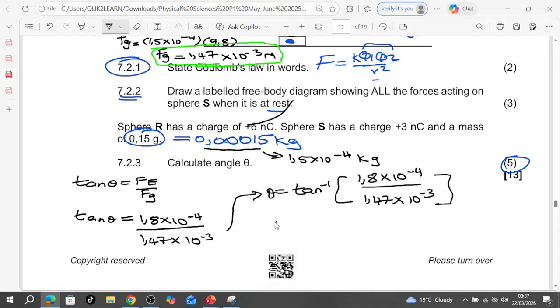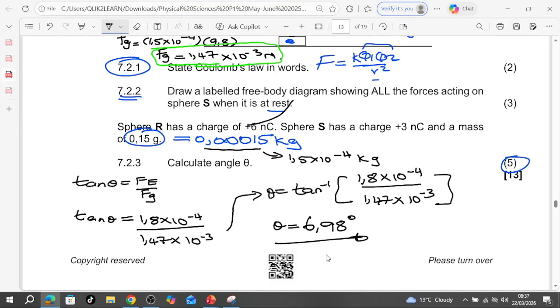Right, so when it's like this, what is angle theta equal to? Let me quickly put this on my calculator and see what I get. Inverse tan of 1.8 times 10 to the power negative 4, everything divided by 1.47 times 10 to the power minus 3, and this gives me theta of 6.98 degrees.